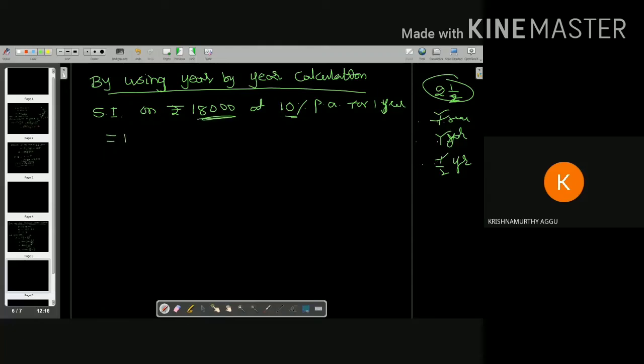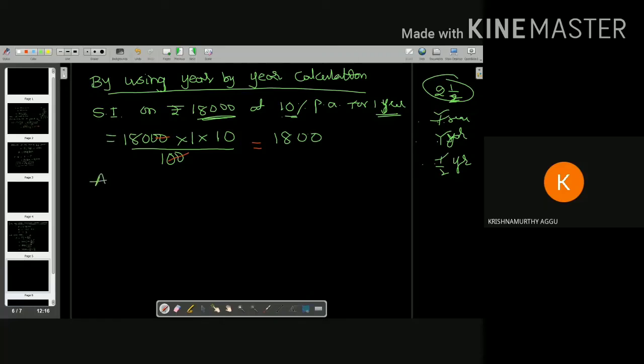This is the principal, 18,000 into time. Time is 1 year. Rate of interest is 10 percentage divided by 100. Then we can cancel this double zero with this double zero. What is left here? 180 into 10. 180 into 10 is 1800. So 1800 is the interest.